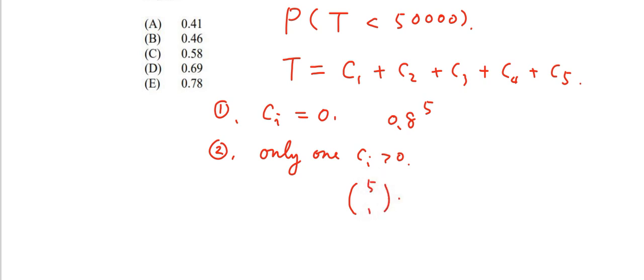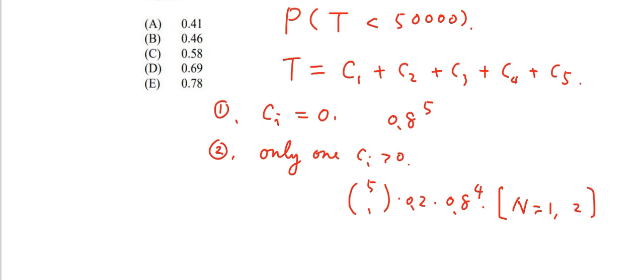This guy has some cost with probability 0.2, and the others have no cost, 0.8. For the cost to be less than 50,000, the number of admissions can be 1 or 2, right?